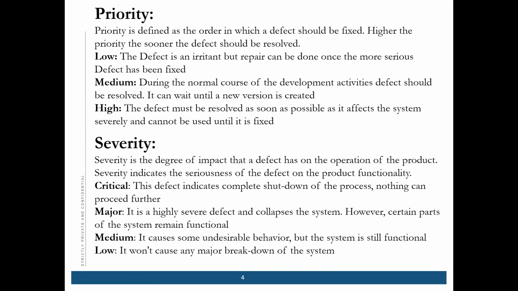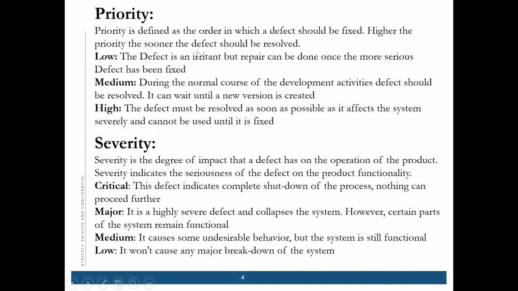Correct. So new version means a new build. When the developers fix the defects you reported, they give you a new build, which has all the defects resolved. So that is called a new build. Sometimes medium defects can wait for the new build.